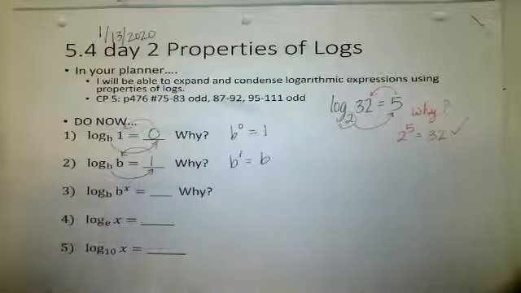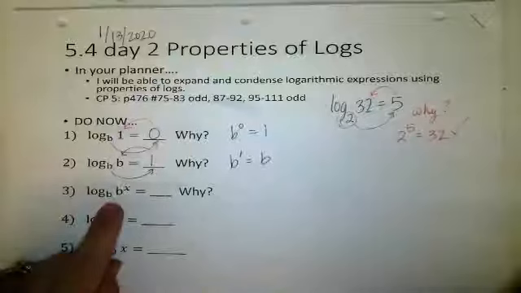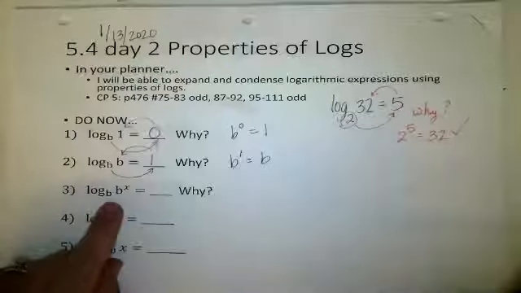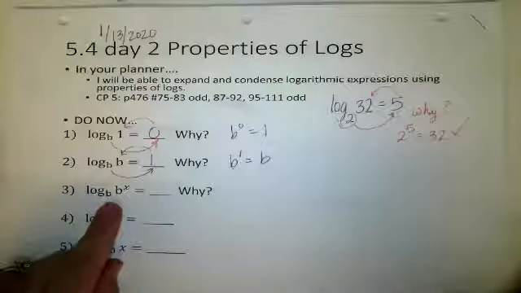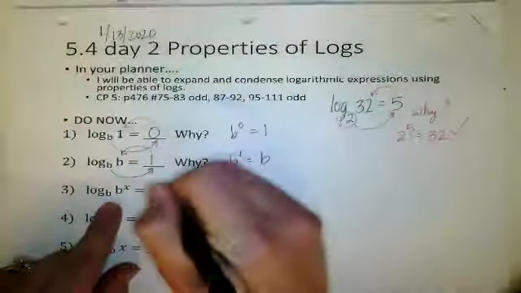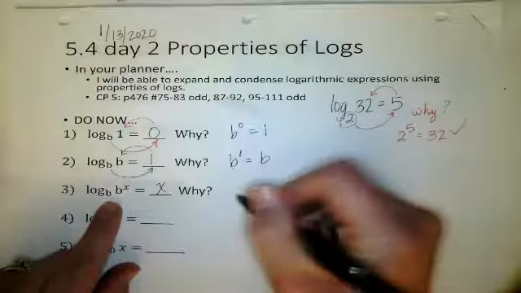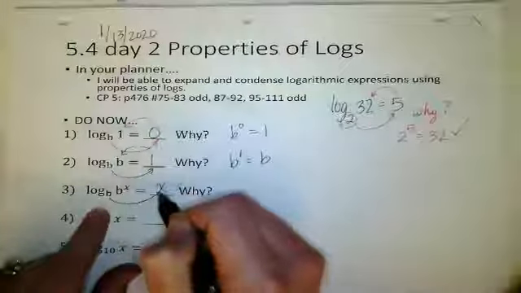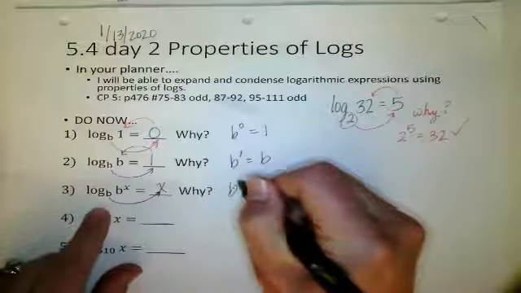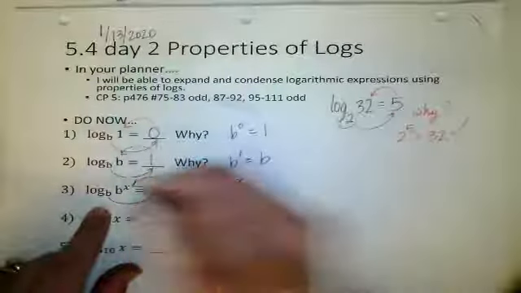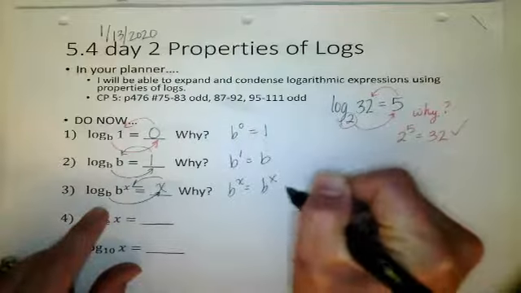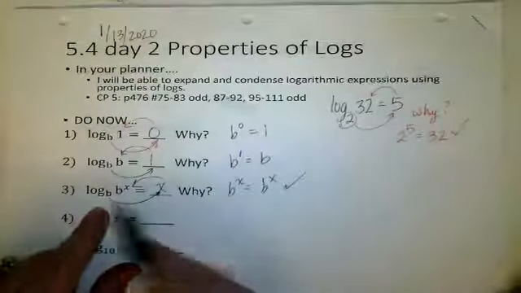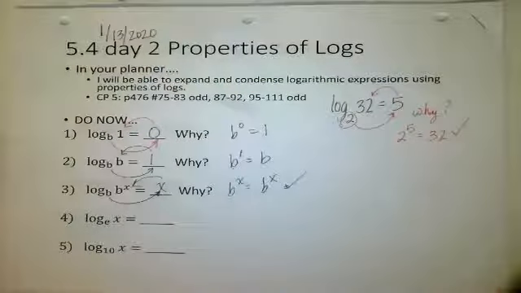This is kind of an interesting one. Log base b of b to the x equals x. Very good. Why? Because b to the x equals b to the x, which is kind of an interesting thing.